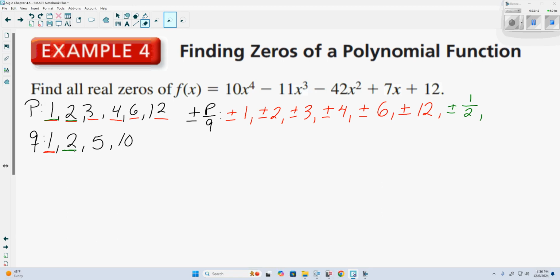I don't have to list it twice. 3 divided by 2 does not reduce, it's just 3 over 2. 4 divided by 2 is up there, we're not listing it again. 6 divided by 2 is 3, it's already there. 12 divided by 2 is 6.